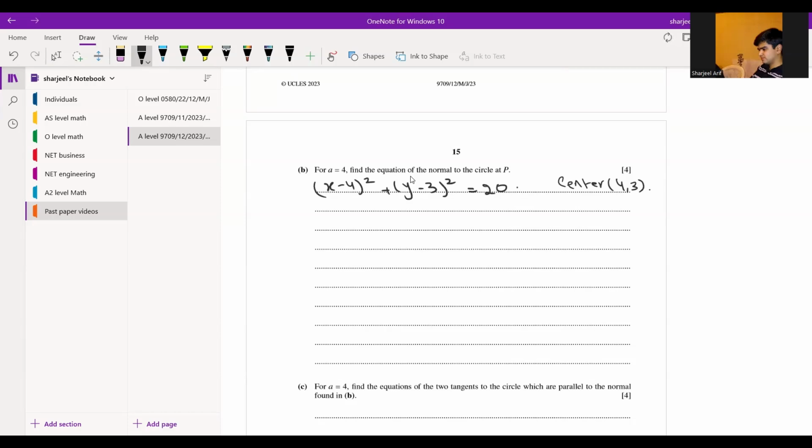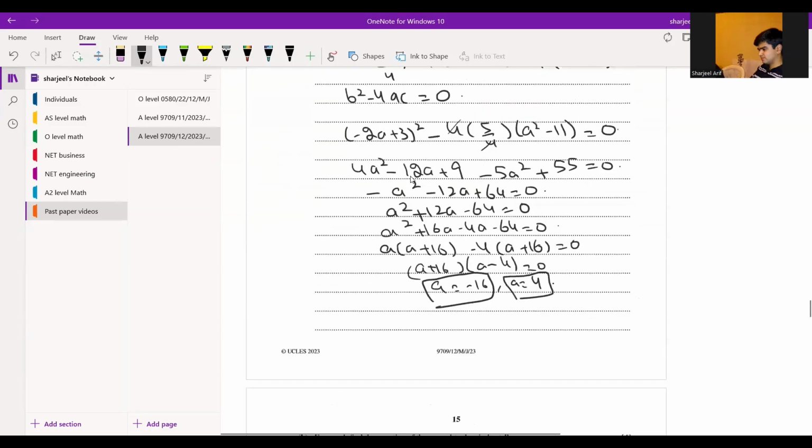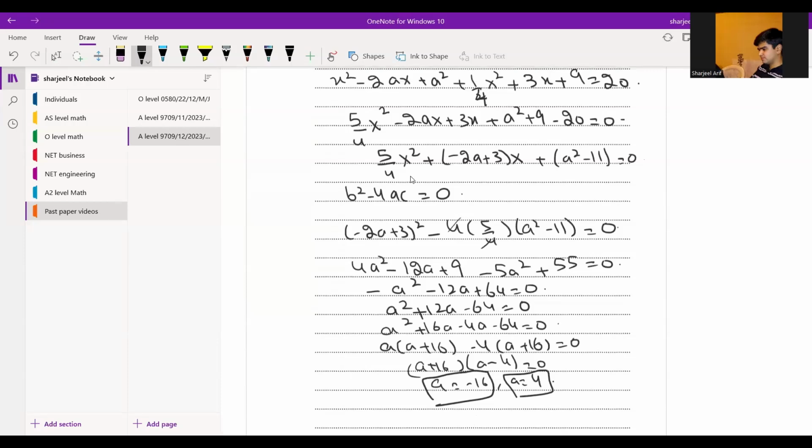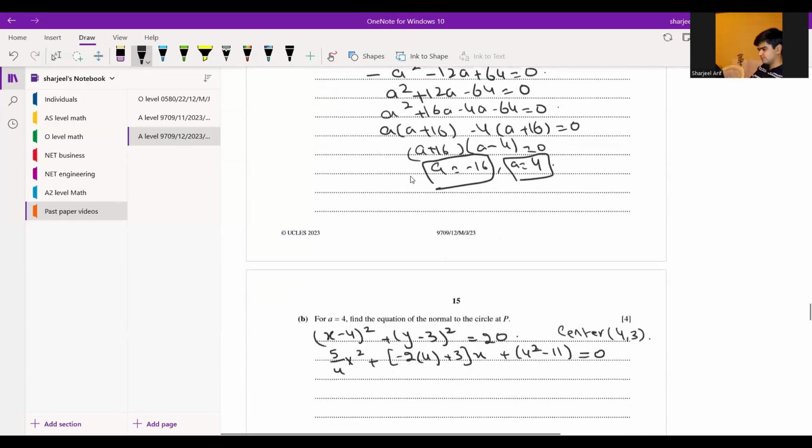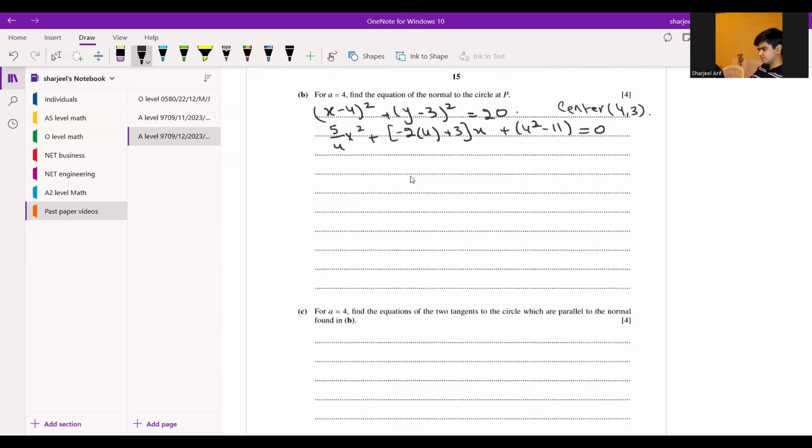We have expanded the equation before. So this will be 5/4 x squared plus minus 2 into 4 plus 3 into x plus 4 squared minus 11 equals 0. I have used this equation in part B. So we can further simplify to get 5/4 x squared minus 5x plus 5 equals 0.